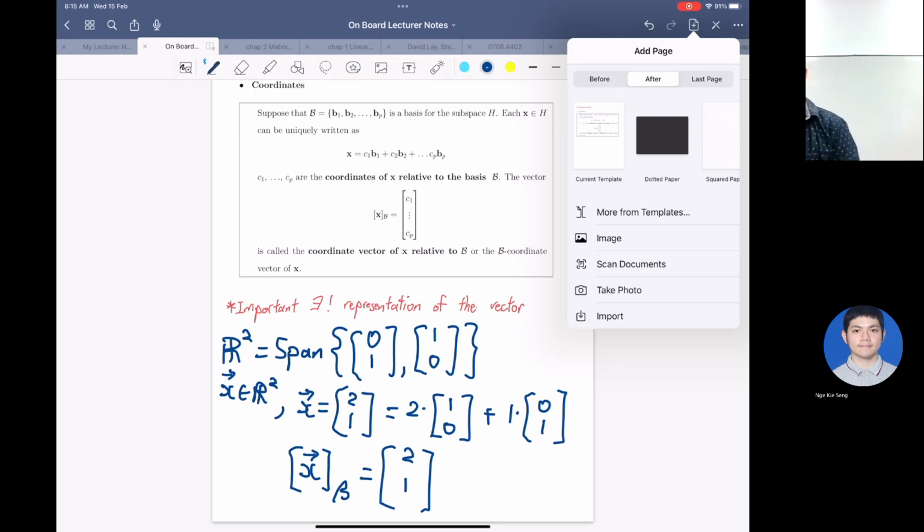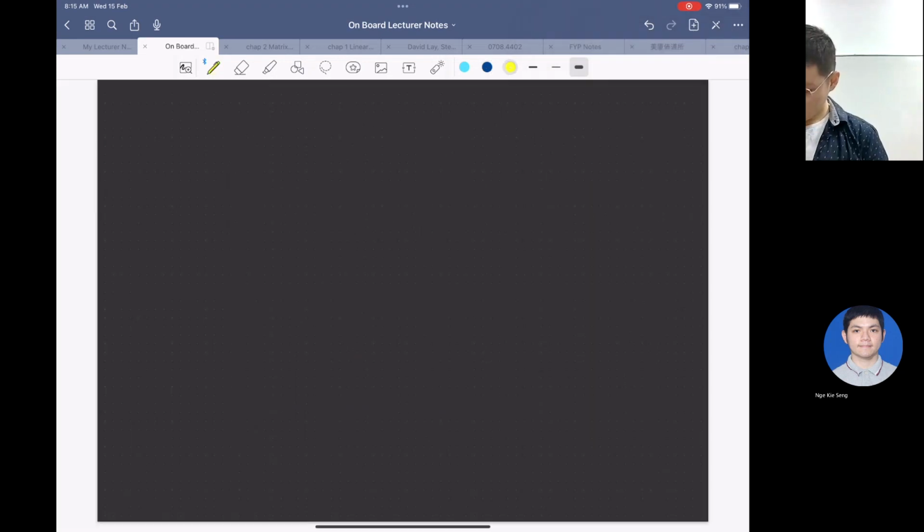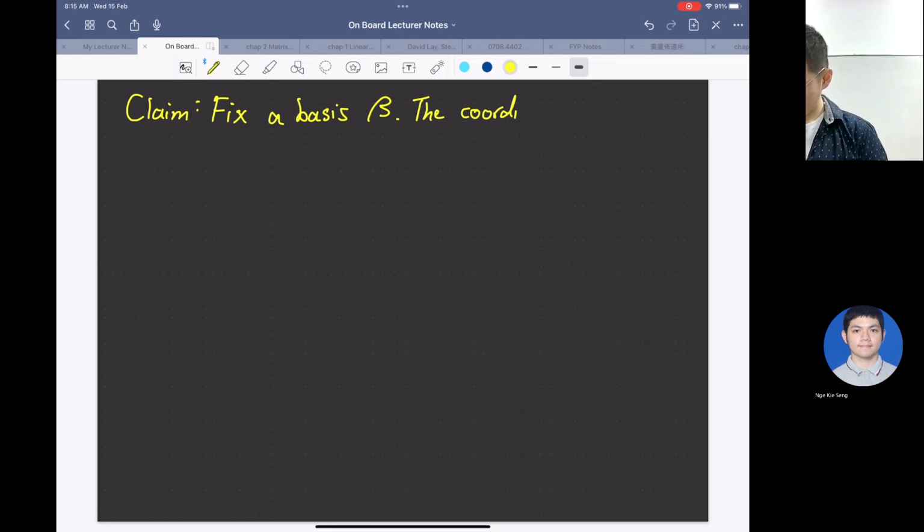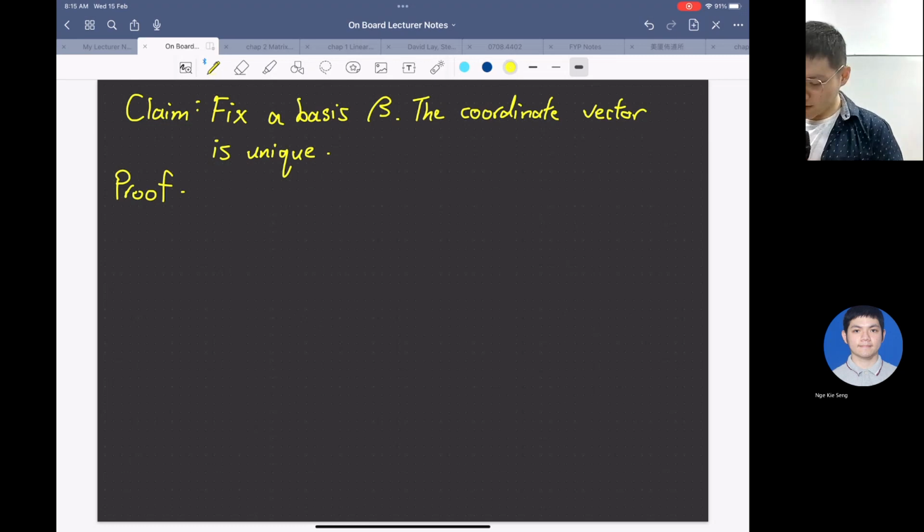And so the claim here: fix a basis. The coordinate vector is unique. Okay, so proof. Suppose it is not.